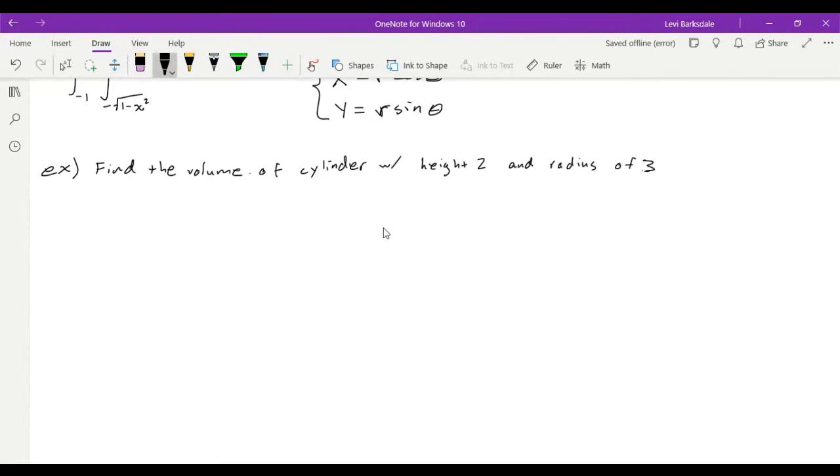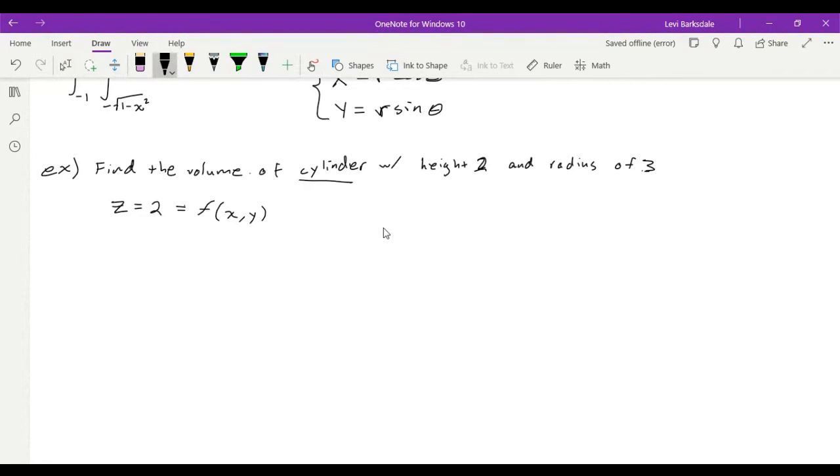Well, we know that volume can be thought of as the area under a function. In this case, our function is just going to be the height of our cylinder. So z is equal to 2, or you could think of it as f of x, y. Well, if we convert this to polar, it stays exactly the same, since we don't have any variables.